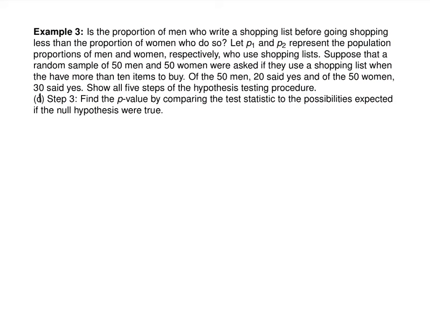All right, next let's find the p-value by comparing the test statistic to the possibilities expected if the null hypothesis were true. So what's the chance that we get a z-value less than or equal to -2? Well, using your table, this happens with probability 0.0228.